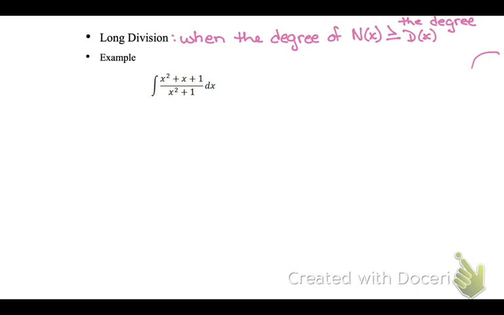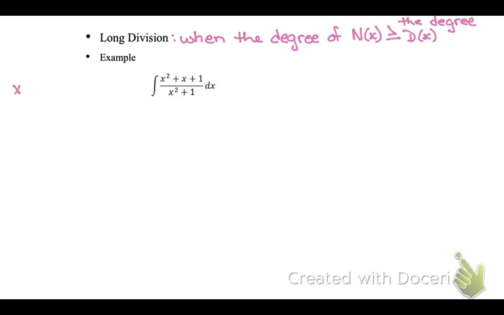Because we're used to n of x and d of x from graphing things, right? When we were doing limits with these, remember we were supposed to divide by the highest power in the denominator when this happened. So anytime we have something that looks like this, should we try to reduce if we can? Yes. Okay, so we're going to use long division to do so.